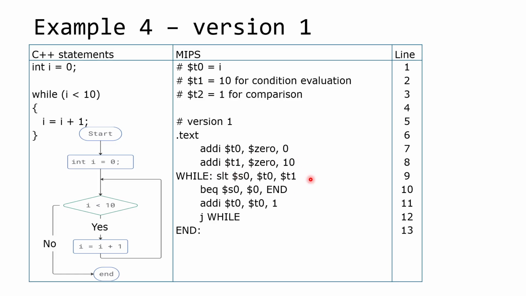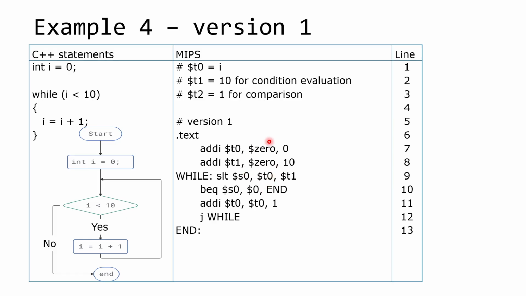Now to test the condition, if I is less than 10, we will use set less than, SLT S0, T0, T1. In this case, S0 will hold the flag, whether it's true or false. True will be 1, false will become 0.